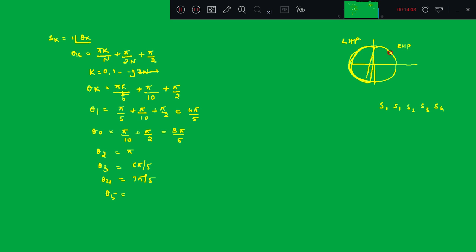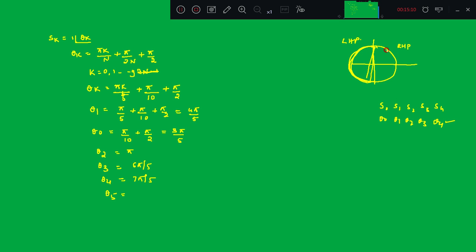The location of these poles is mainly based on their phase, that is the direction. So that is theta 0, theta 1, theta 2, theta 3, theta 4. The location of these poles mainly depends upon these phase angles, right?